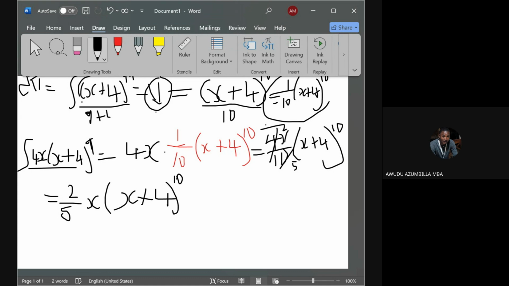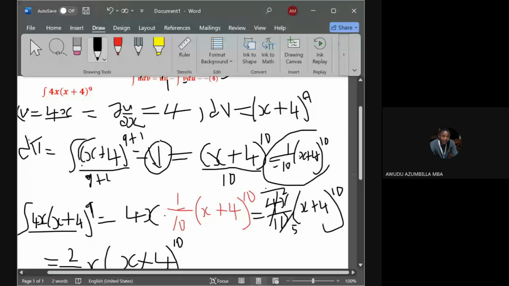So this is what we have for the uv from the formula.